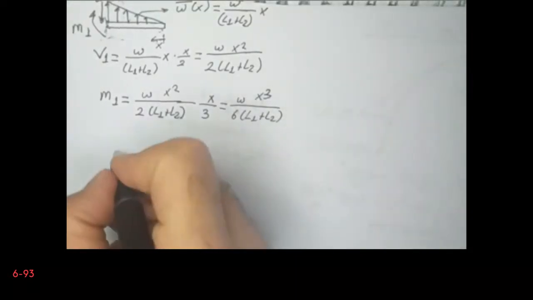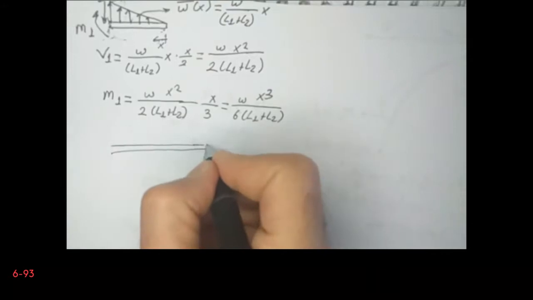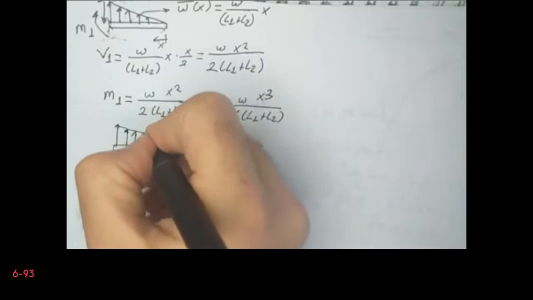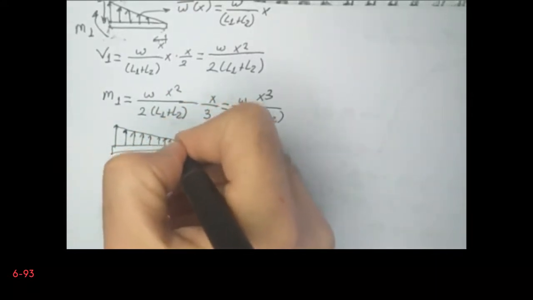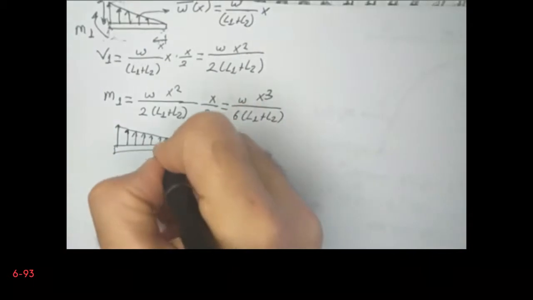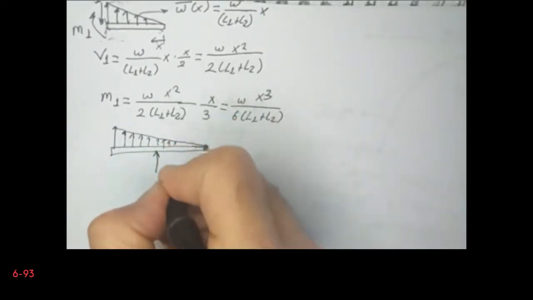I can do the second one. So let's make a cut between point A and B. Again, I will omit the horizontal component of the force at point B. It will not contribute to the moment. I will have only FBY.